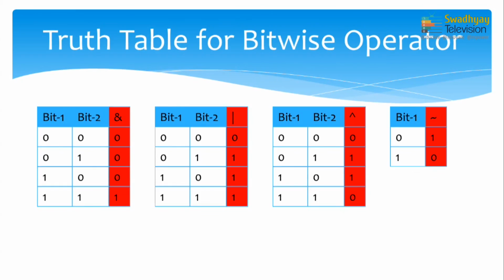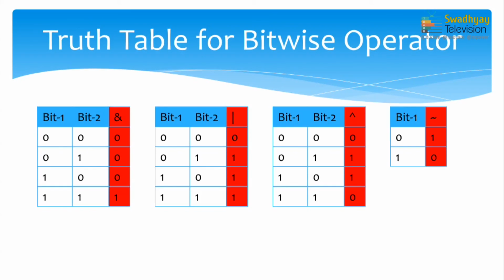Similarly, we have 1 0, so it again returns 1, because the first bit is set to 1, and in the last we have 1 1, so again it returns 1. So, we can say in case of bitwise OR, we always get 1 if one of the bits is set to 1, and we only get 0 if both bits are set to 0.